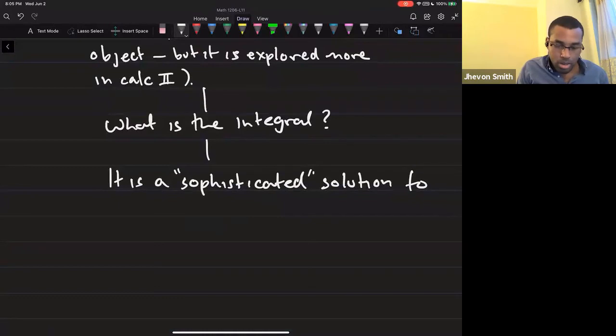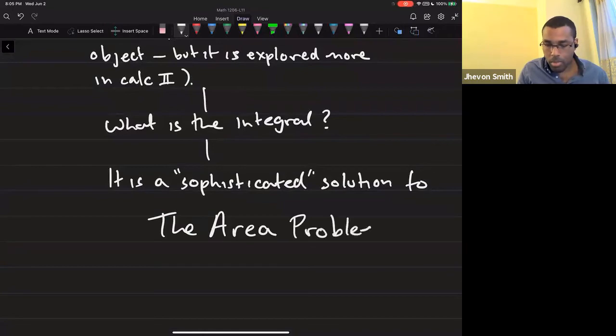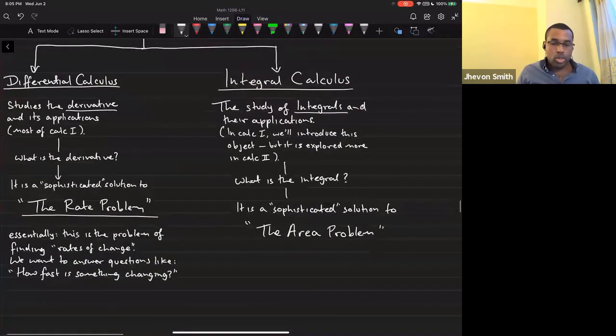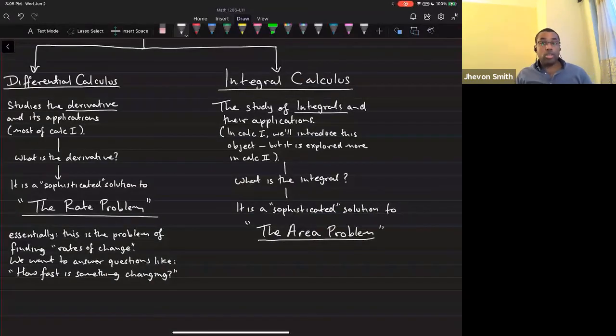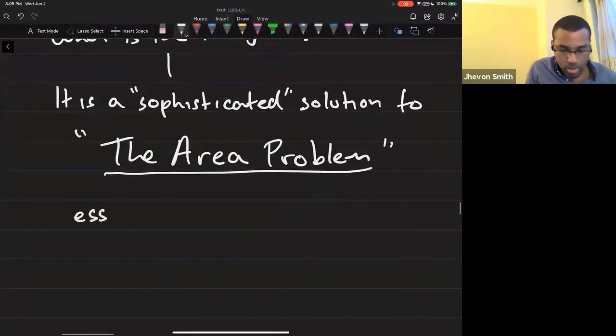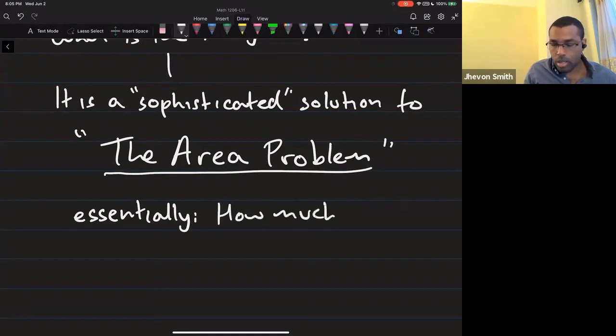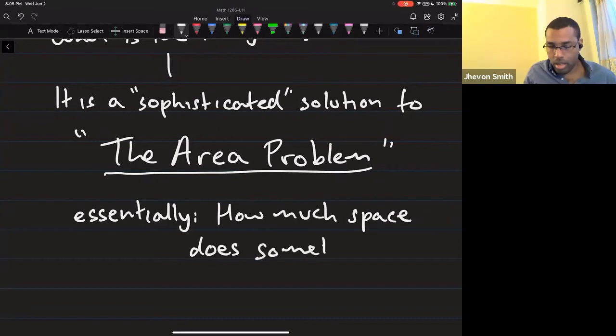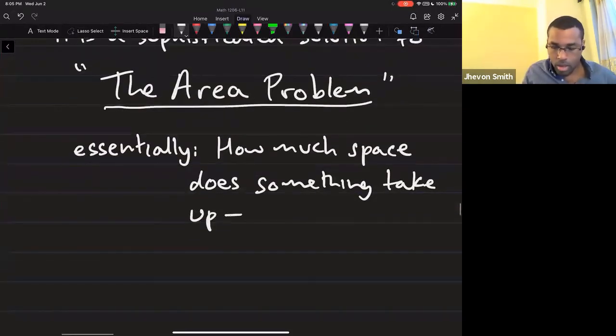It's called the area problem. Right? So derivatives solve what's called the rate problem. Integrals solve what's called the area problem. And what is the area problem? Well, this is essentially how much space does something take up? So that's the question that we want to answer.